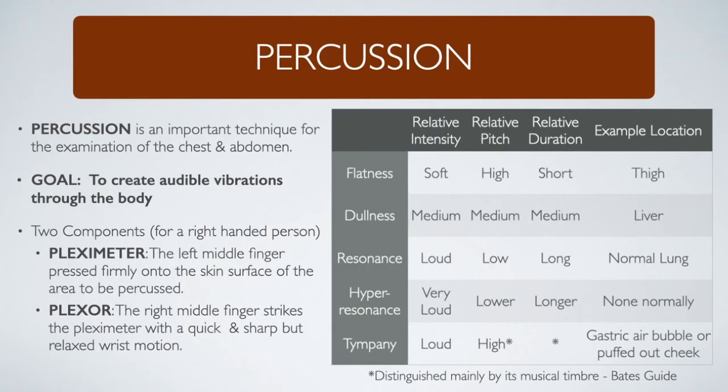Now, what could be some aspects of the body that are dull on percussion? The liver, solid organs can be dull on percussion, or rather, are dull on percussion. So the liver, the spleen on the left aspect of the abdomen, over the precordium, the heart can be dull.